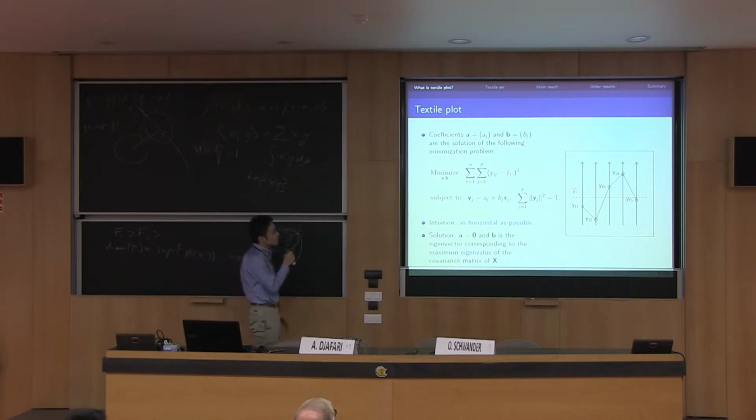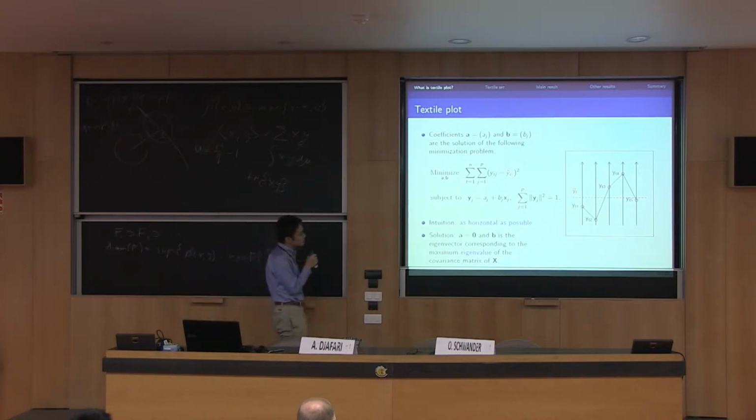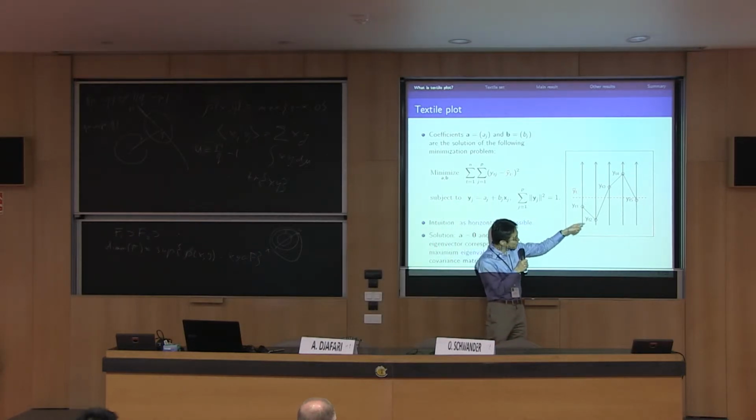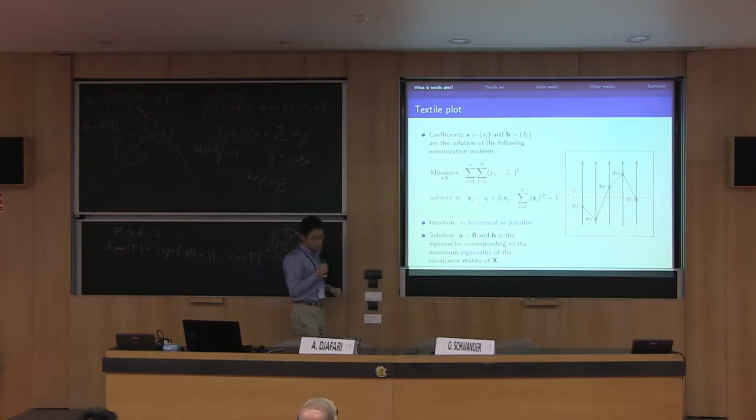The coefficients a and b are the solution of the following minimization problem. The intuition of this problem is to determine these coefficients in such a way that the parallel coordinate plot becomes as horizontal as possible.